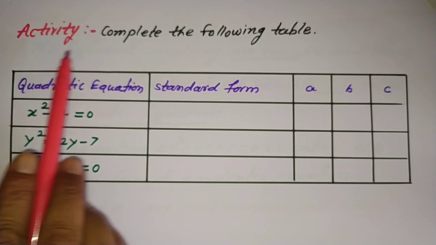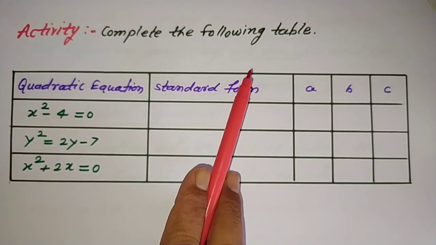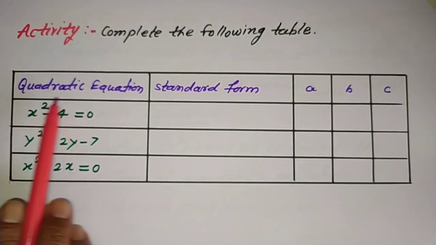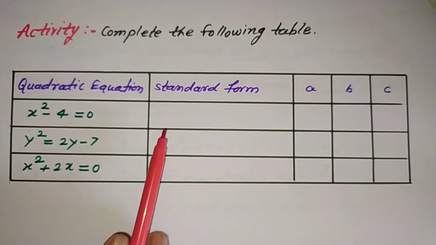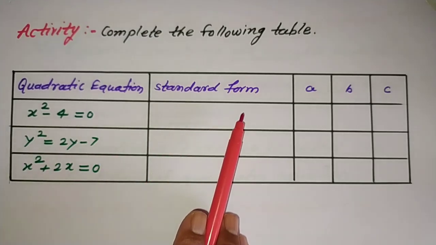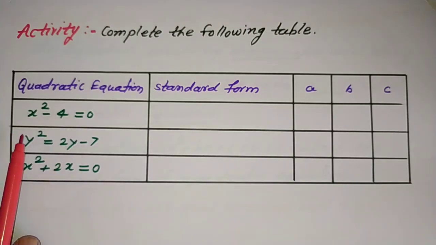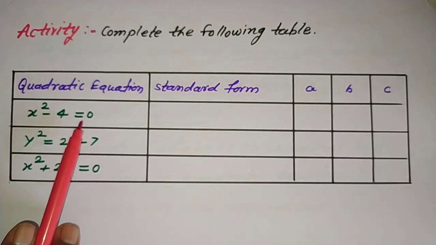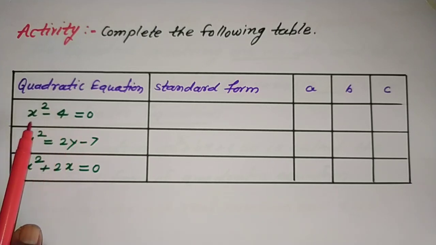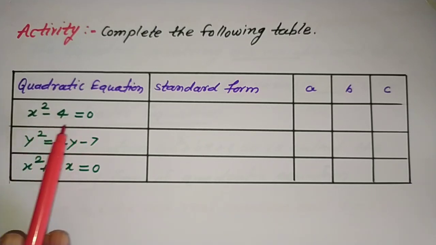Activity. Complete the following table. Given a quadratic equation, write it in standard form and give the values of a, b, c. First quadratic equation, x square minus 4 is equal to 0. Write this quadratic equation in standard form.